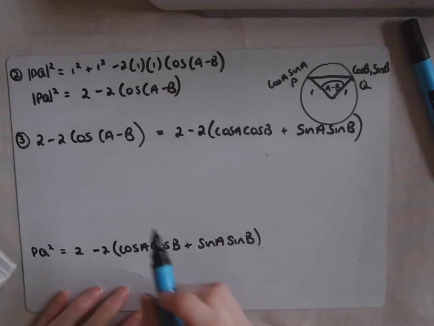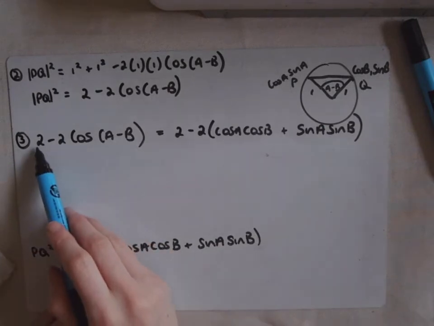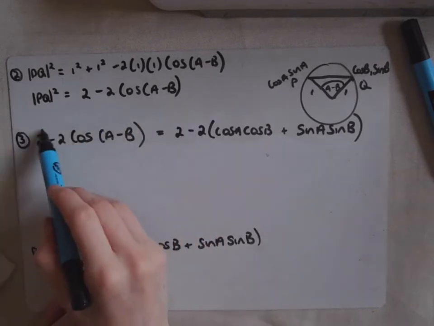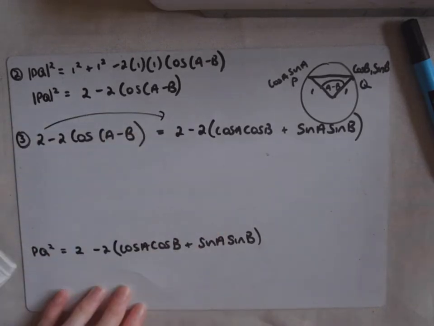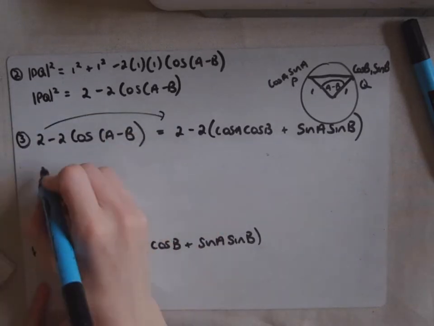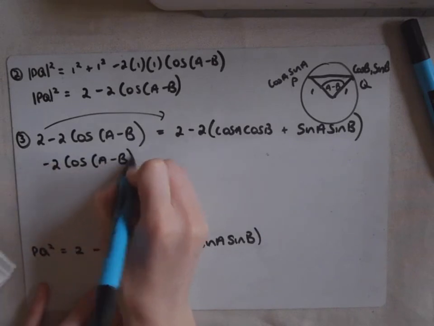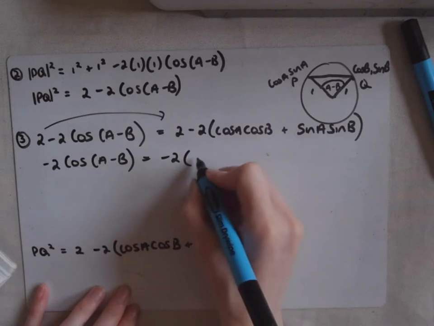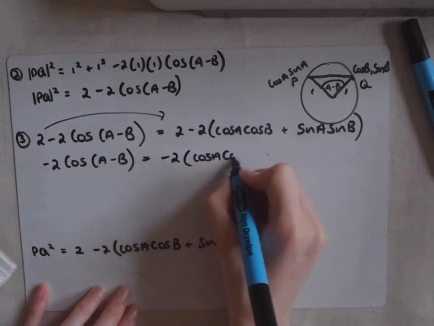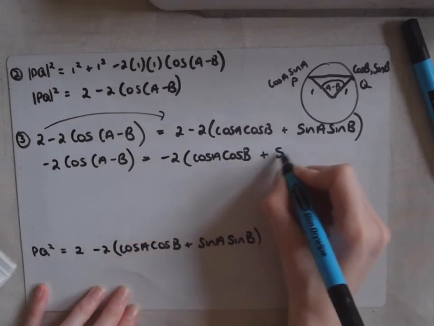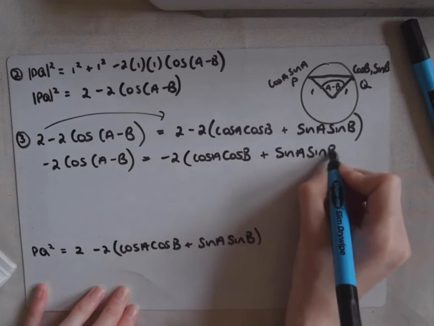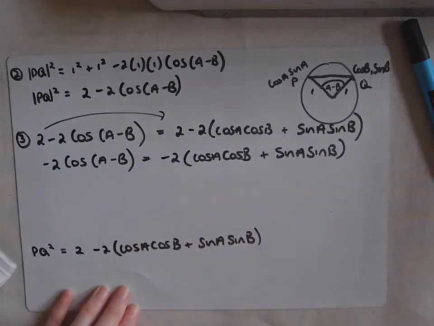To rearrange, this 2 can come over here and become a minus 2, and then 2 minus 2 cancel. So I have minus 2 cos A minus B equals minus 2 cos A cos B plus sin A sin B. And what could I do to both sides? Divide by minus 2.